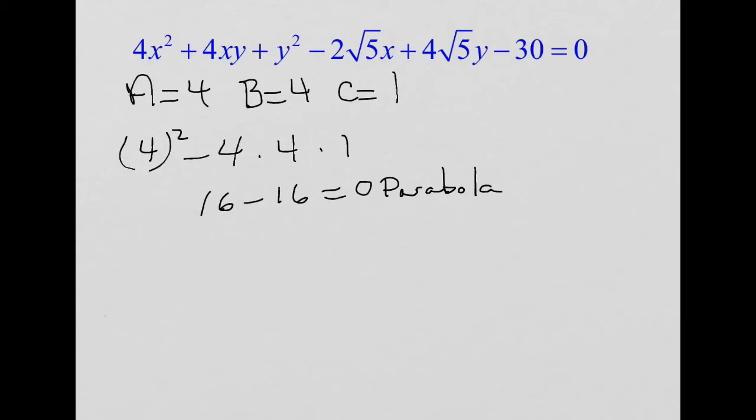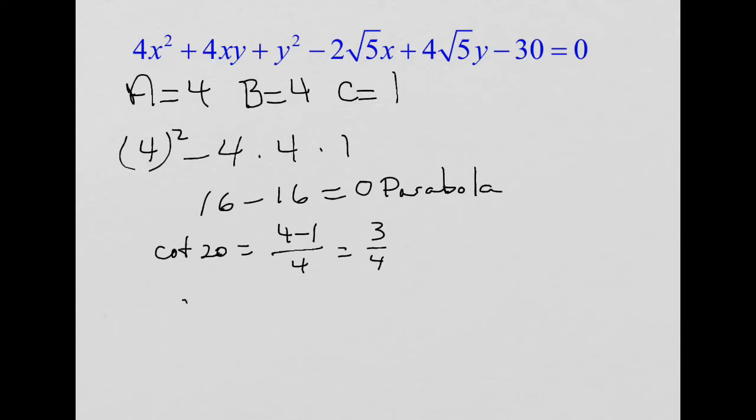Okay, then we know that cotangent of 2 theta is equal to 4 minus 1 over 4, which is equal to 3/4.